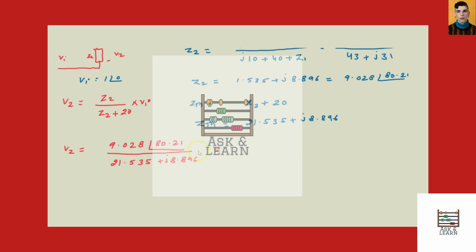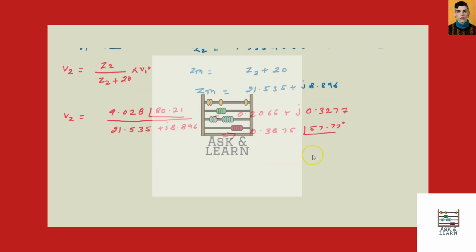Then the value of V2 will be 0.2066 plus iota 0.3277, and if you convert this value in polar form, then the result will be 0.3875 and angle of 57.77 degree. Fine. So this is the value of V2.